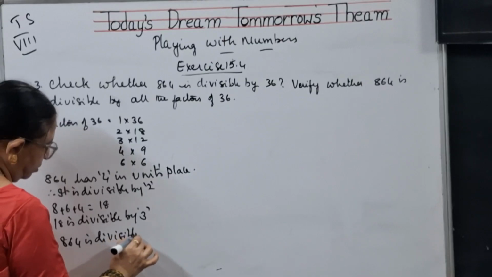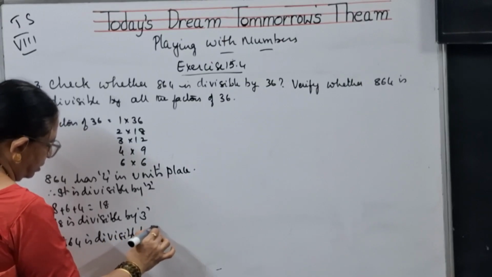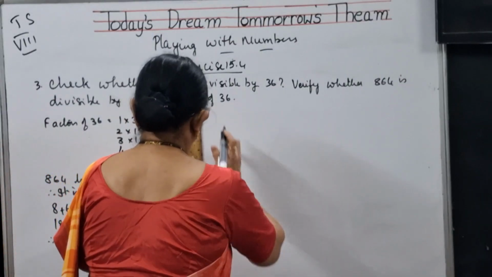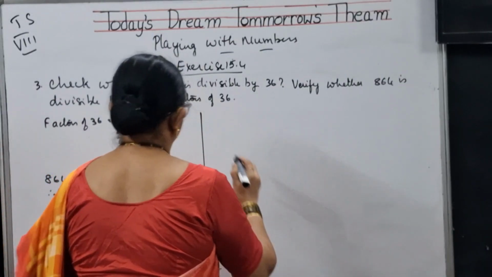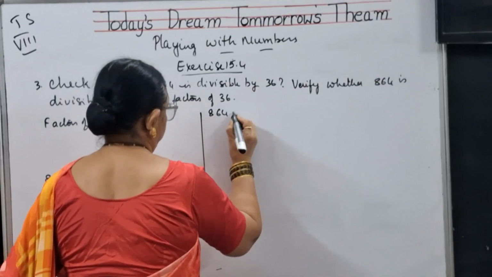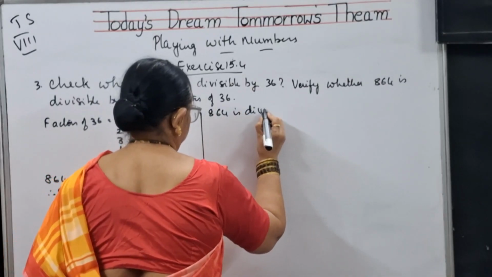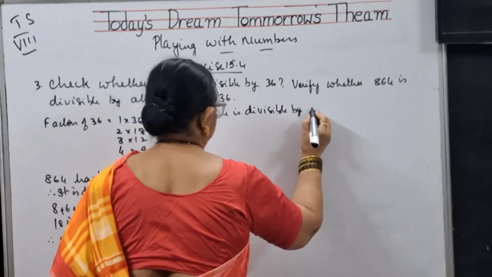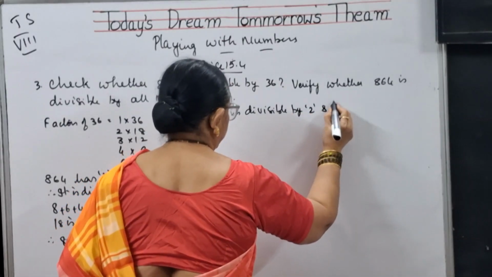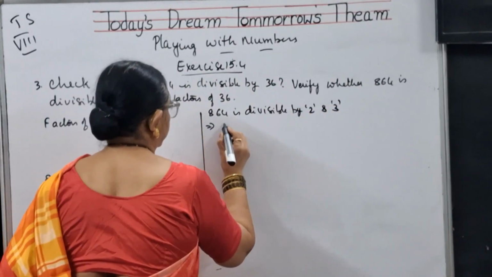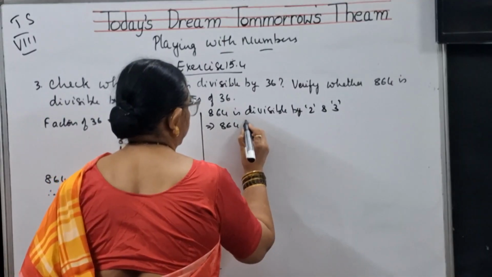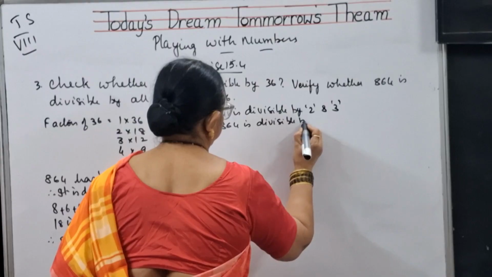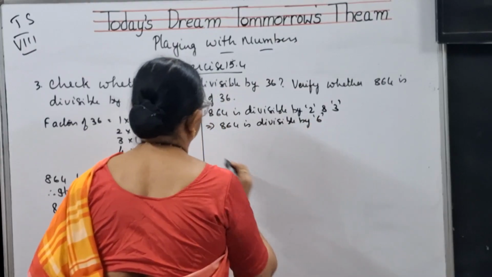So, 864 is divisible by 2 and 3. This implies 864 is divisible by 6.